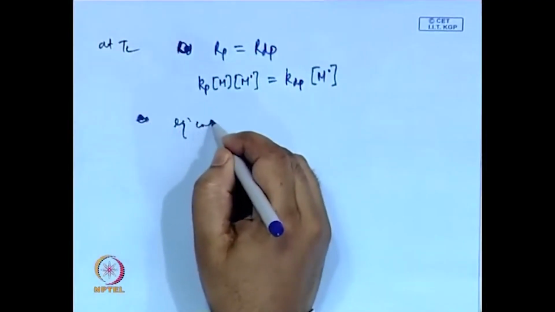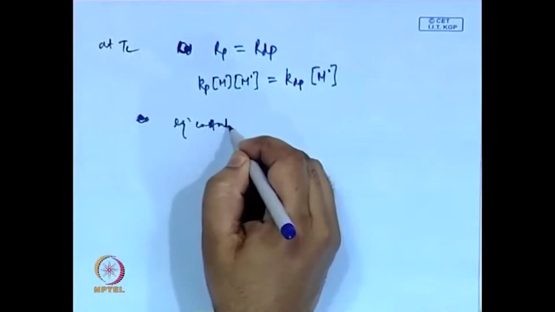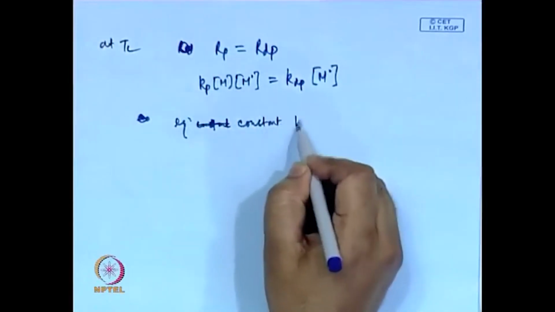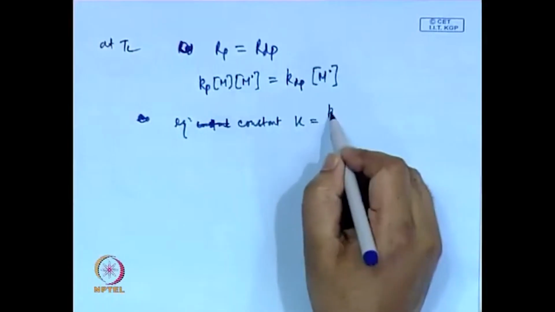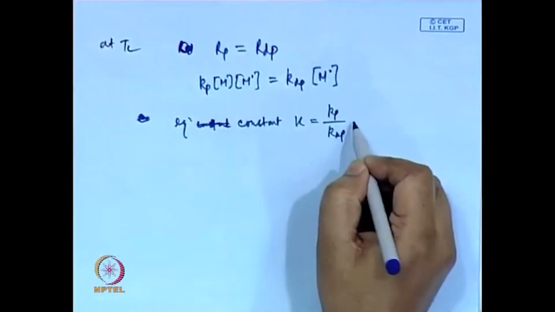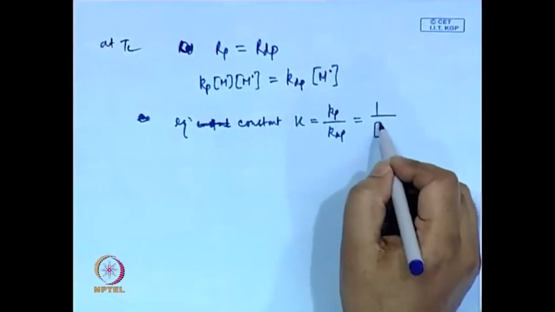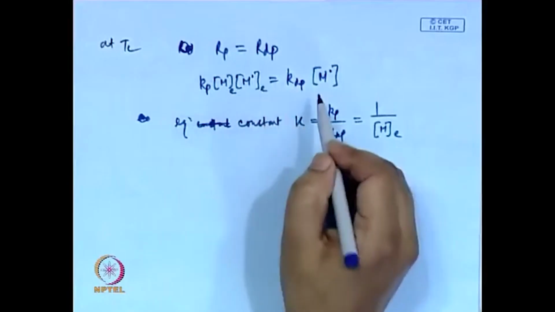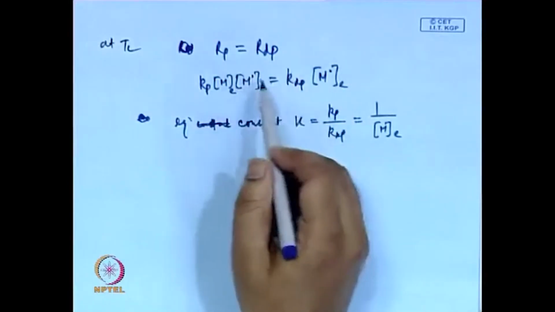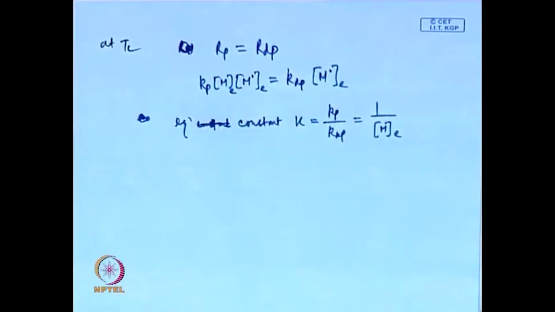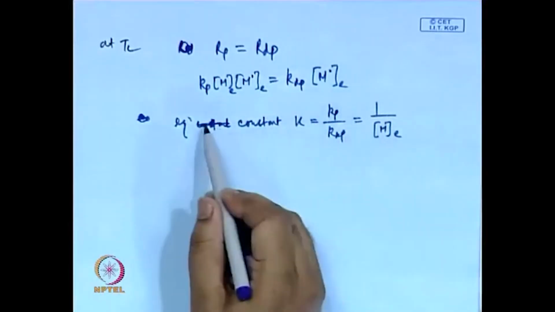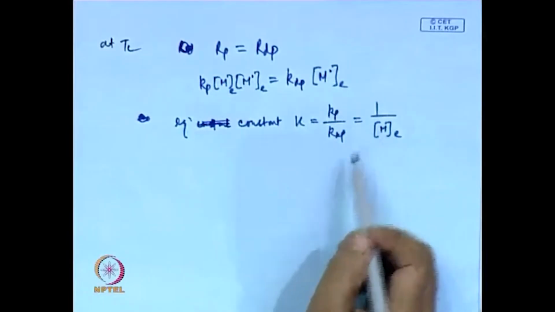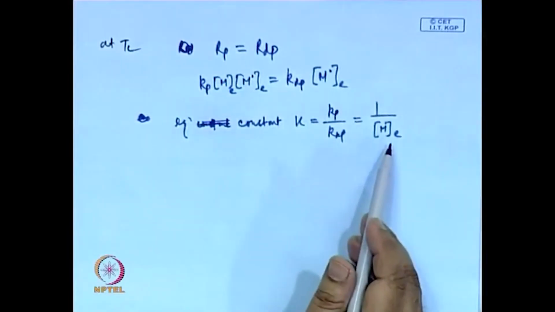Equilibrium constant K is Kp by Kdp, which is 1 by M at equilibrium. Now, at equilibrium I write subscript E for all this concentration. So, the equilibrium constant is related to the concentration of the monomer in this case only.